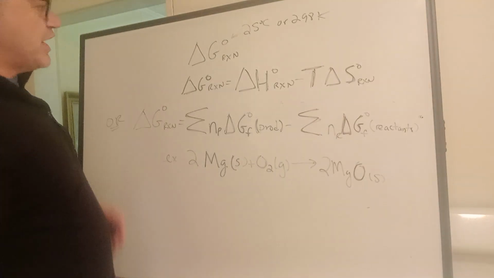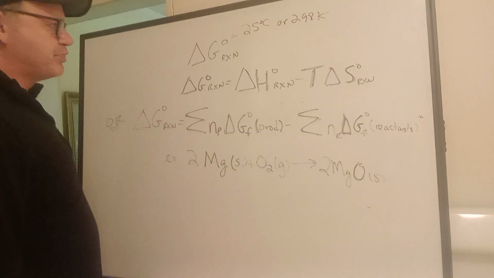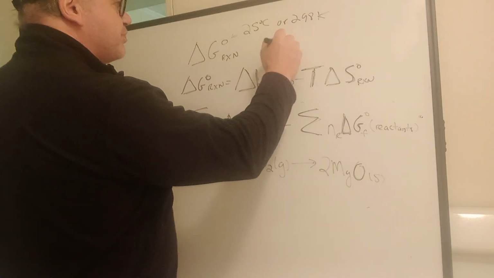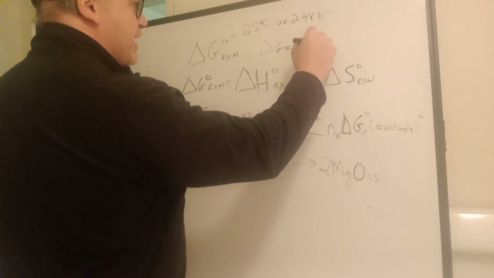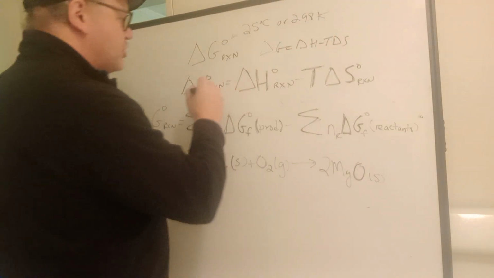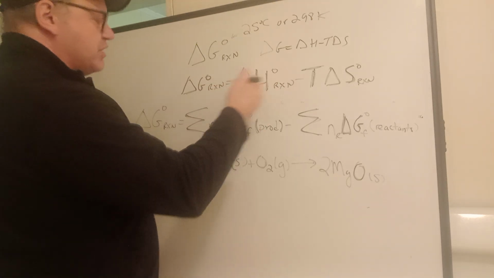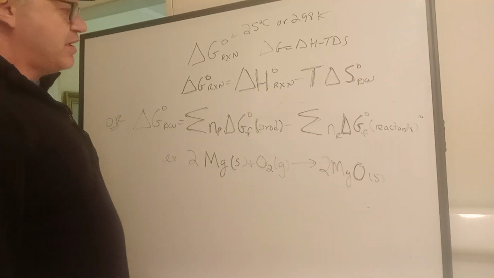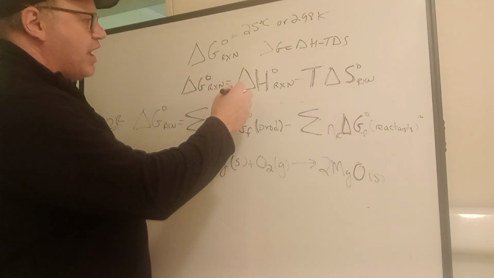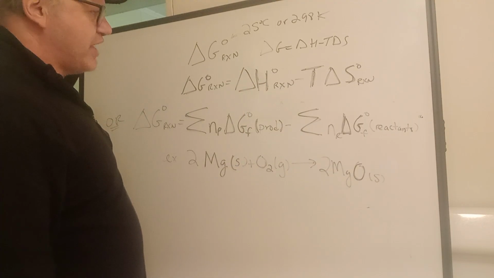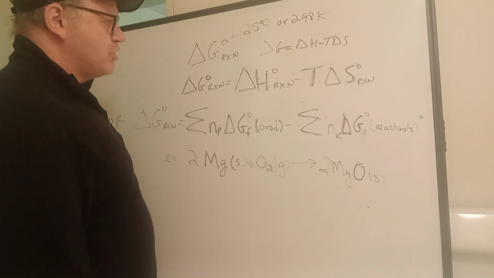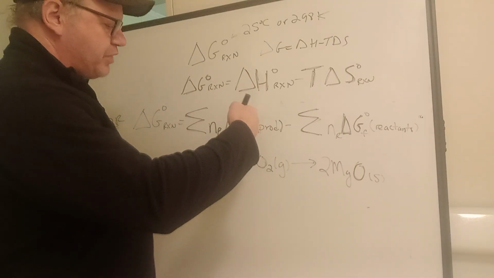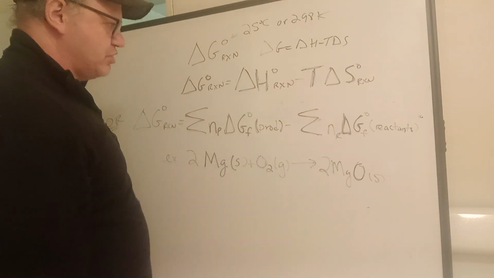Way one, which I consider to be actually harder to do, is use the relationship delta G is equal to delta H minus T delta S, and just put it in the form for a reaction under standard conditions, and then go back and calculate delta H of a reaction the same way you did last semester, using the standard enthalpies of formation. You sum the products minus reactants as you did before.